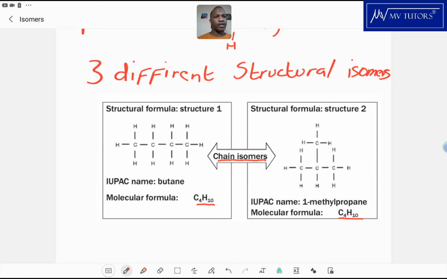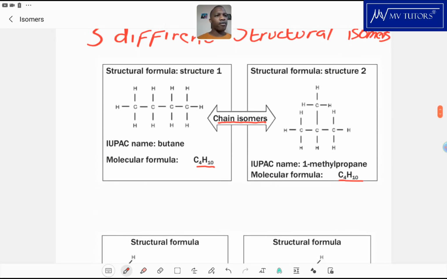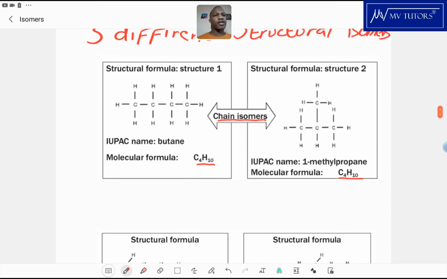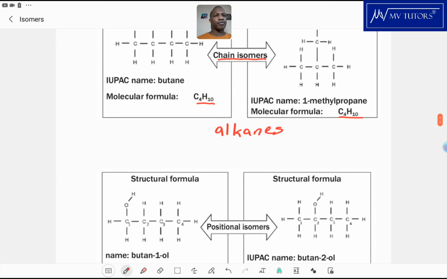That's the longest line of carbon atoms. So that's what we call a chain isomer. The chain one, as you can see, is straight, but they both have the same homologous group, which is they are both alkanes.